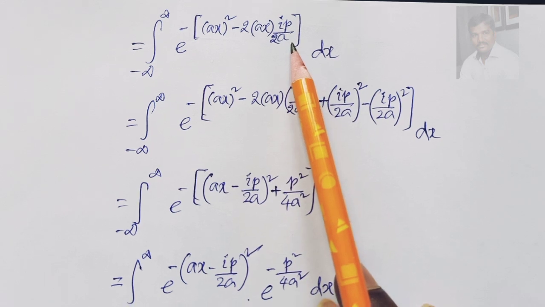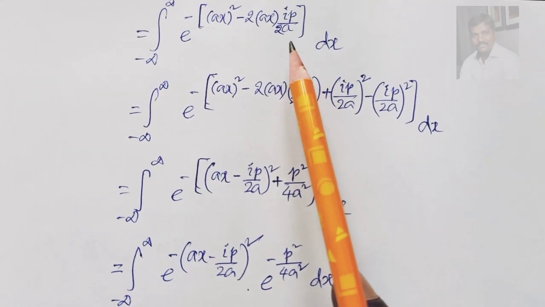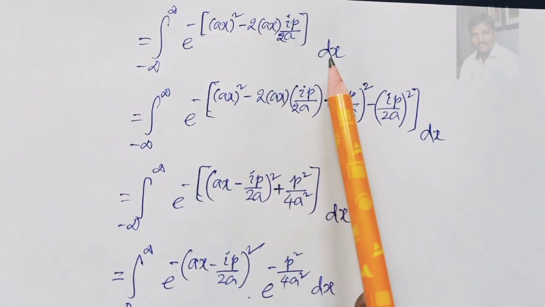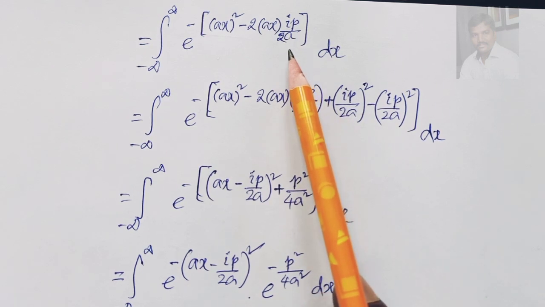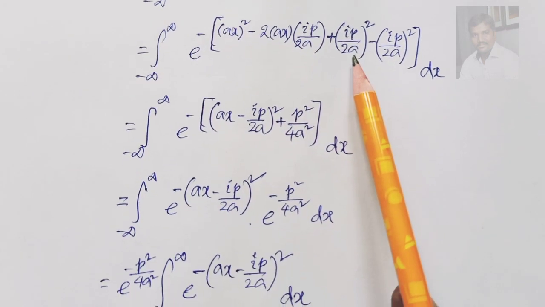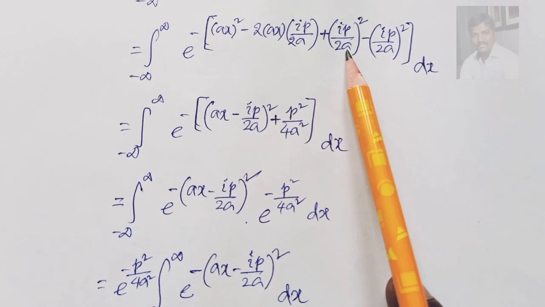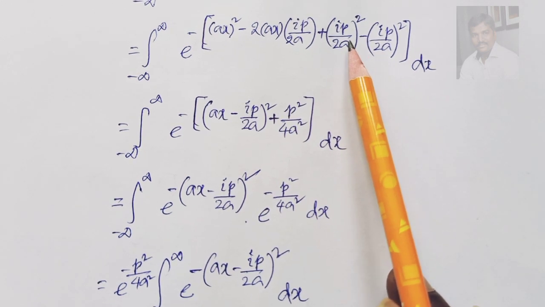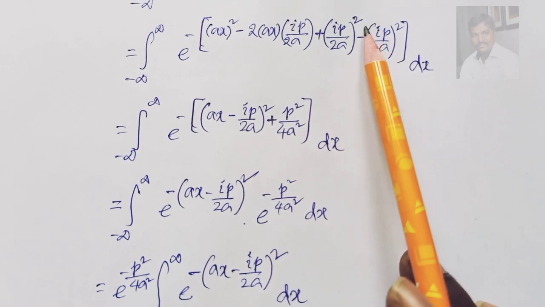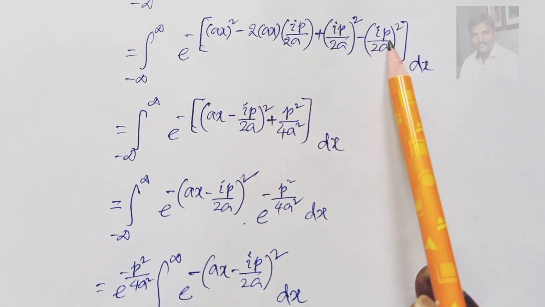Now adding and subtracting ip by 2a whole square, that is, b square. Okay, I did this.